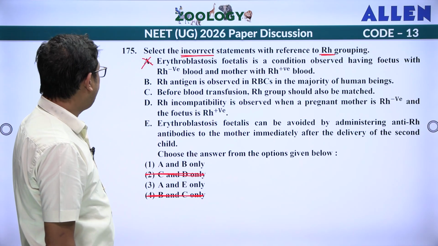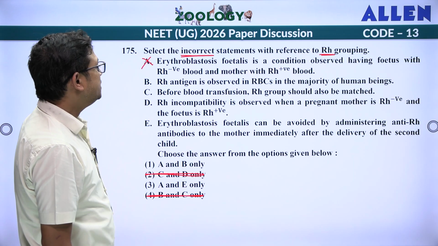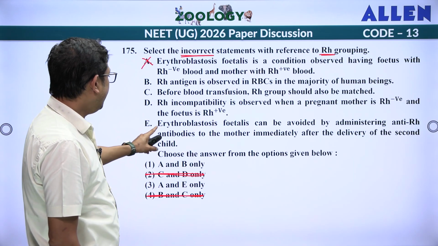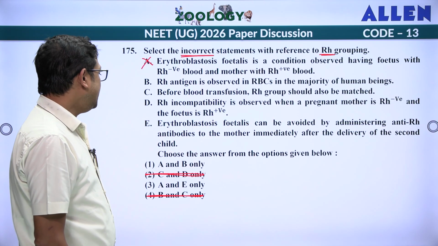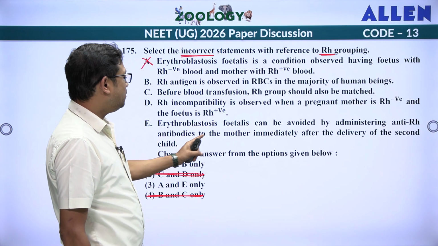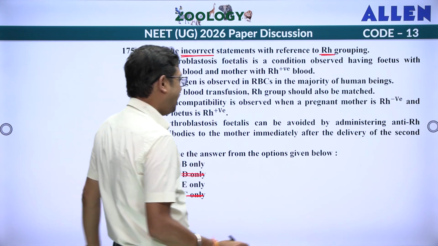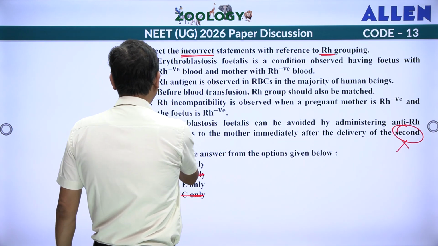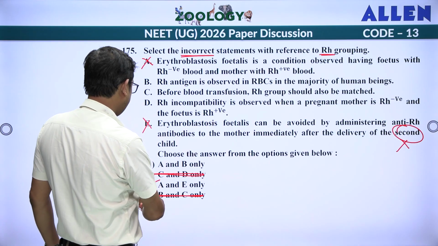So I have to check B. RH antigen is observed in RBC in the majority of human beings, and E is telling erythroblastosis fetalis can be avoided by administering anti-RH antibody to the mother immediately after the delivery of the first child, not the second child. So it is wrong. So E is wrong. So the answer is the third one.